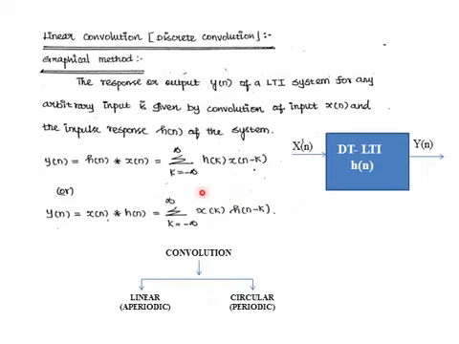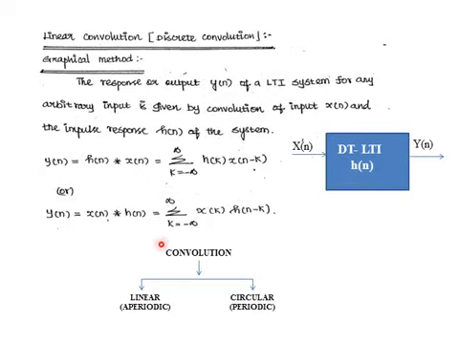You can either use this particular formula to perform convolution, or you can use this formula to perform convolution. So, in general, the response of any DT-LTI system can be obtained by performing convolution between x of n, which is nothing but the system's input, and the system's impulse response h of n.